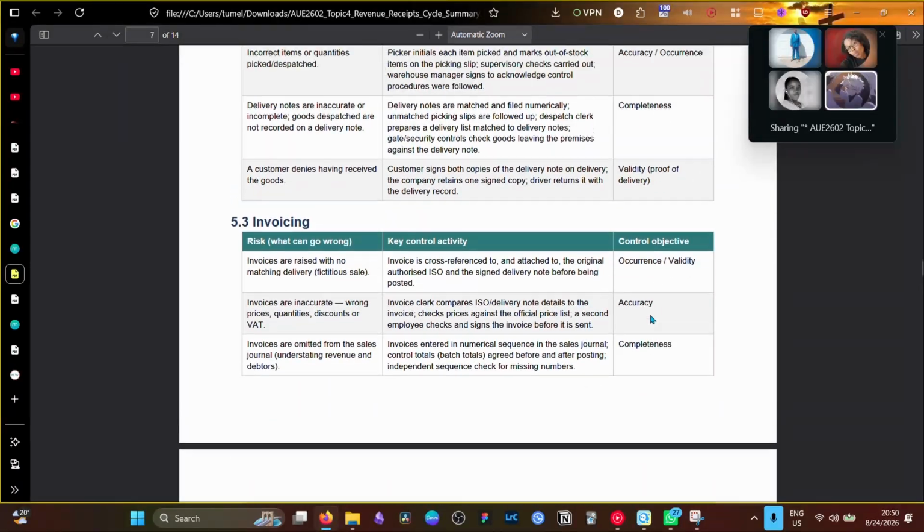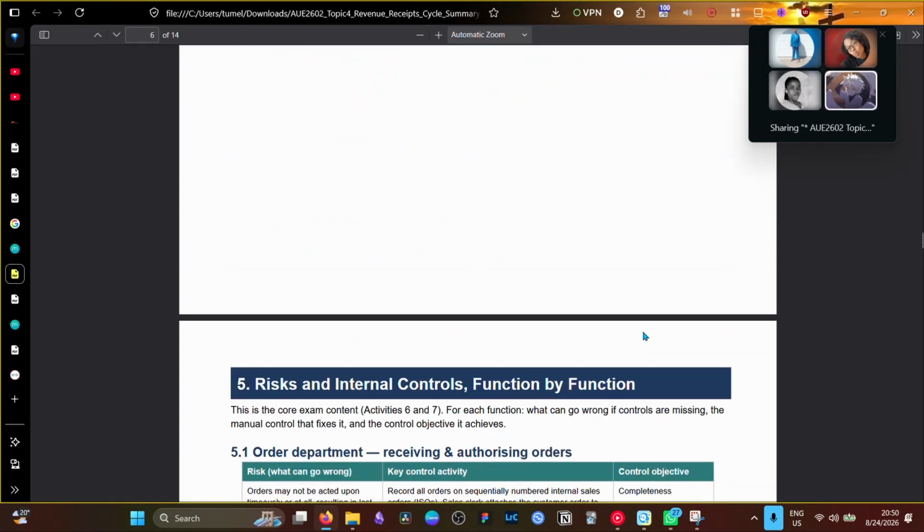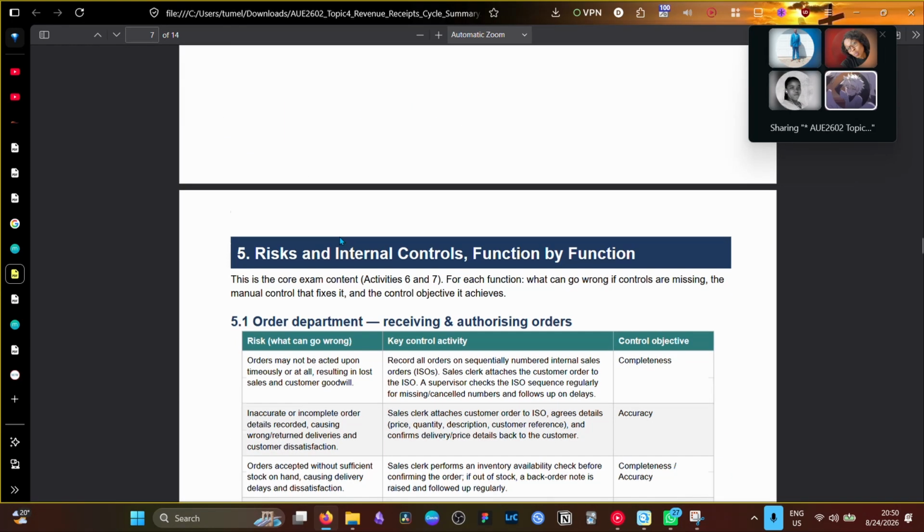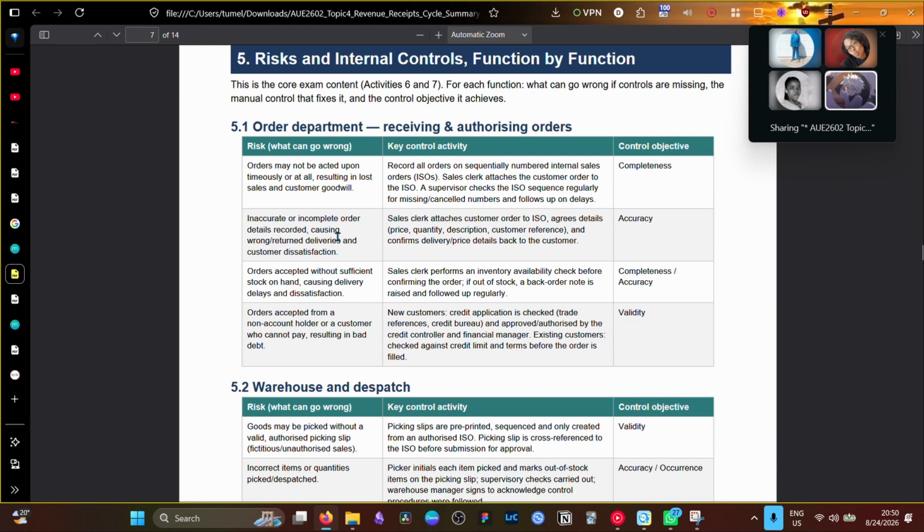Here, validity, accuracy, and valuation. What can go wrong is that orders may not be acted upon timeously or at all, resulting in lost sales and customer goodwill. Basically, what they're saying is you could try to order, but no one comes back.